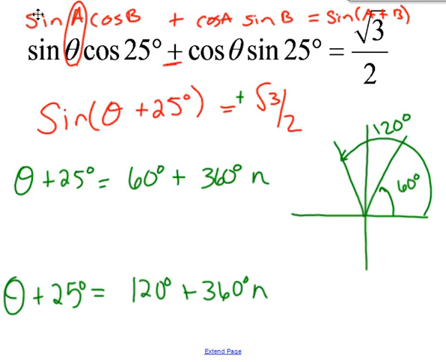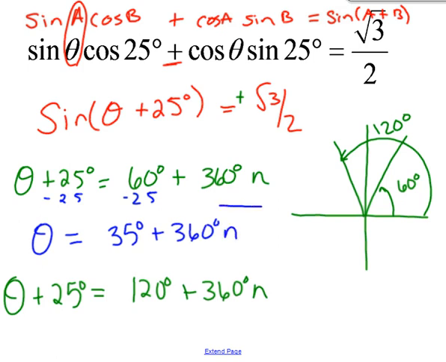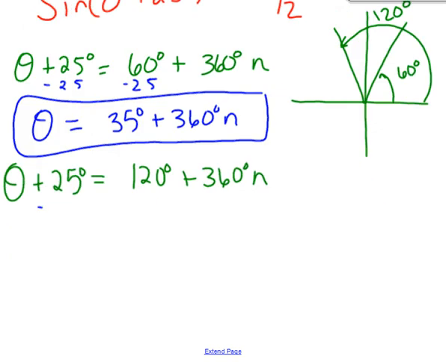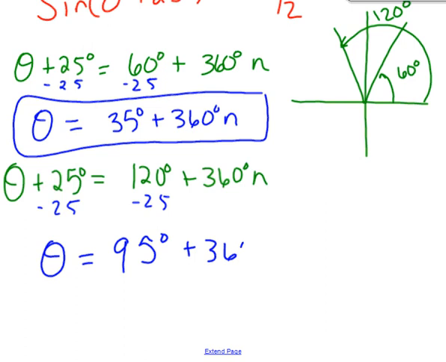To solve for theta, all I have to do now is subtract 25 from both sides, and I get theta equals 35 degrees plus 360n. That is one of my generals. And then if I subtract 25 here, I will have theta equals 95 plus 360n. That is my second general.